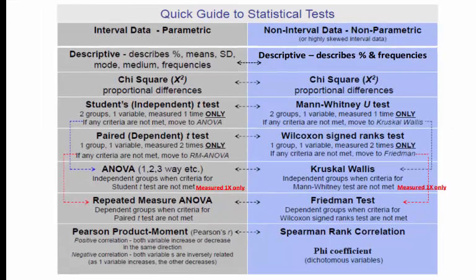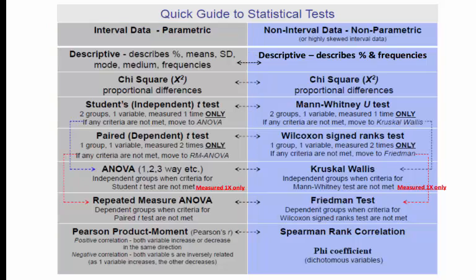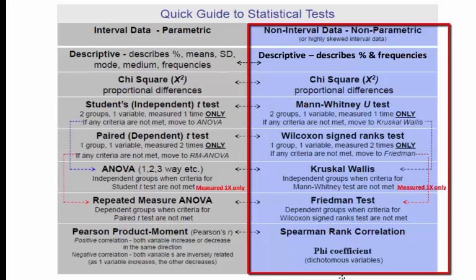So again, looking at the quick guide, on the one side of the quick guide, indicated by the pointer here, we have statistical tests that use variables that are interval level data, also known as parametric data. These are parametric statistical tests. Conversely, on the blue side are non-interval data.